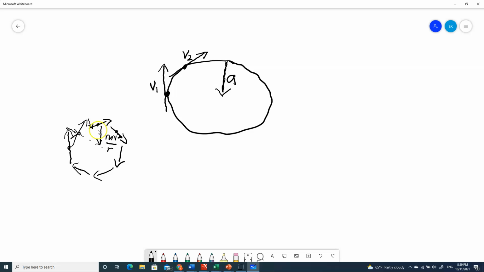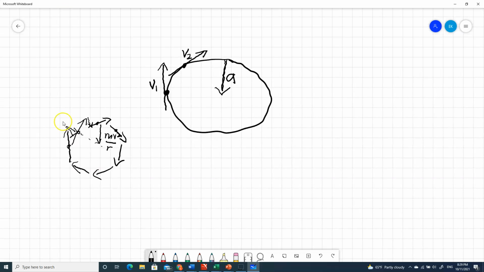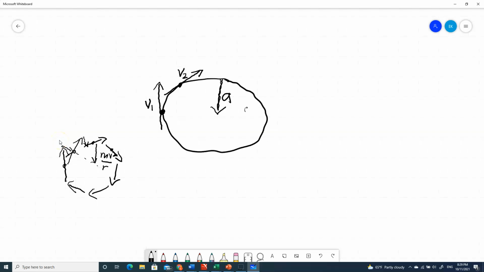Because what's happening is that every time we're spinning this object, let's say this object wants to go this way up, but instead we're tilting it this way, and this way, and this way, and this way. We're accelerating it inwards so that it maintains the circular motion, so that it does not escape and just go all the way out.